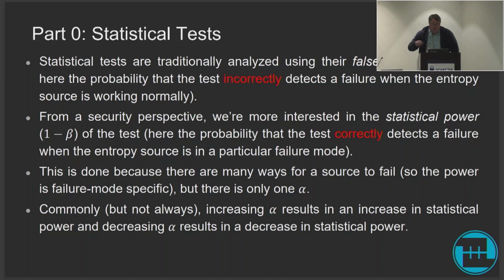Commonly, but most certainly not always, increasing the false positive rate, alpha, results in an increase in the statistical power. Unfortunately, it isn't always, because sometimes the noise source fails in a way that the test is not very sensitive to, and so you can get things that are clearly failures but don't trigger either test, no matter how high you push the false positive rate.